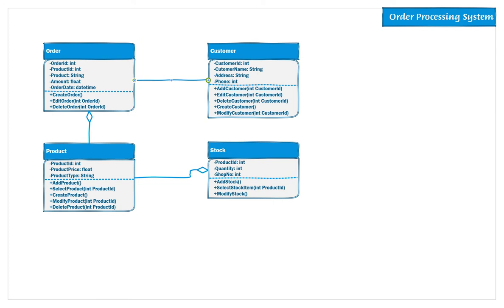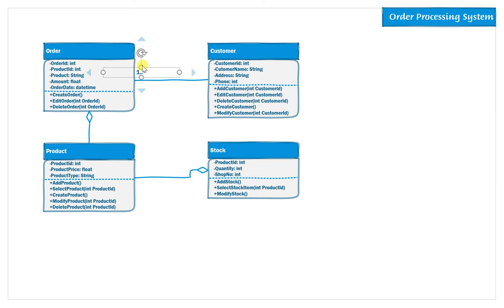Now the customer has a multiplicity with the order, and for the order we can have one to many.